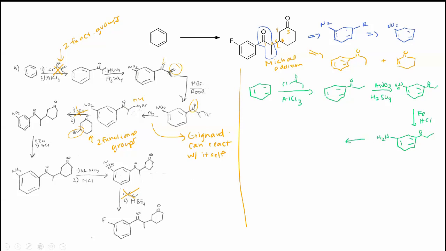And then you can go to the steps to make the fluorine. So we'll use NaNO2 and then HBF4. And you can do that later if you wanted as well. I'm just going to do that now.